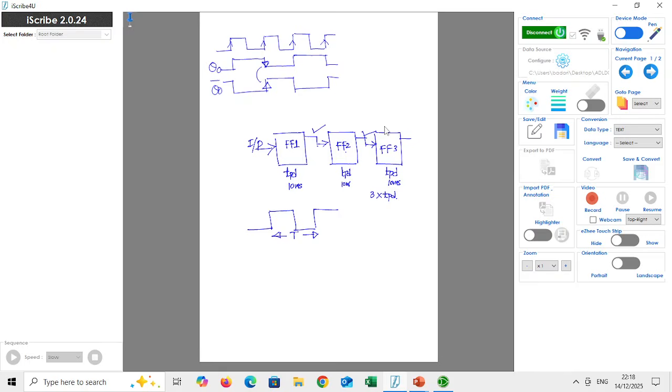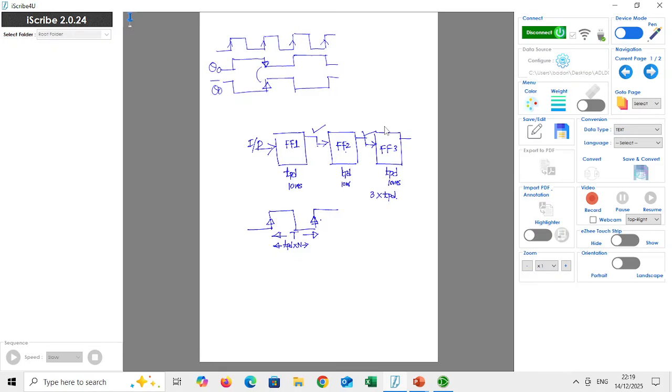After applying the clock input, the counter takes a propagation delay equivalent to TPD into N, where N is the number of flip-flops in the counter. Before the second clock starts, the TPD into N should have finished. In the sense, all the outputs should be available before we apply the second clock.